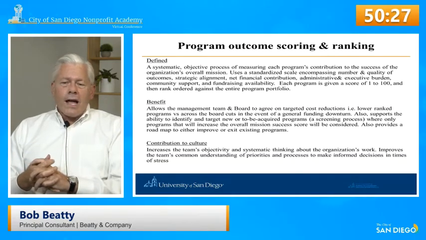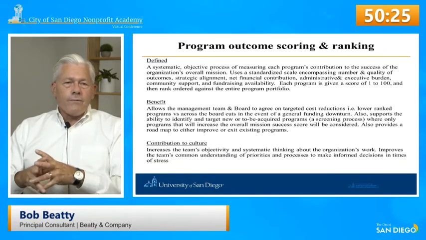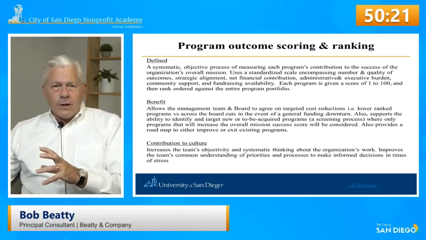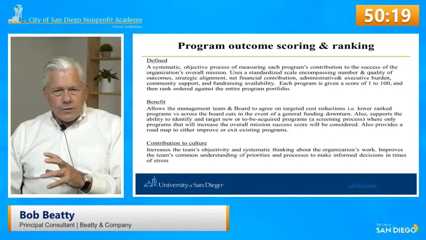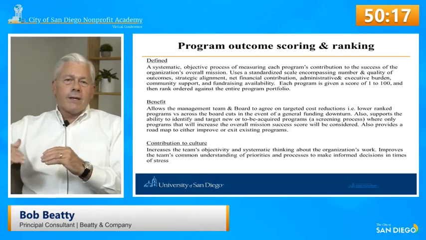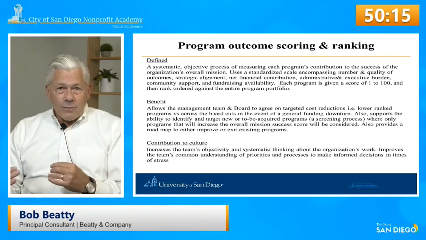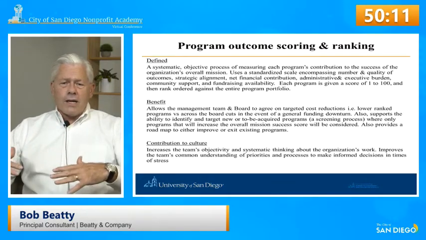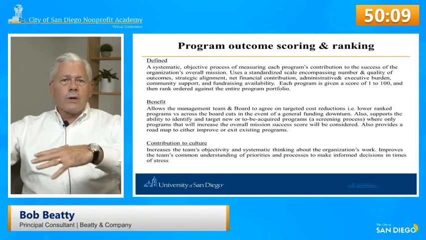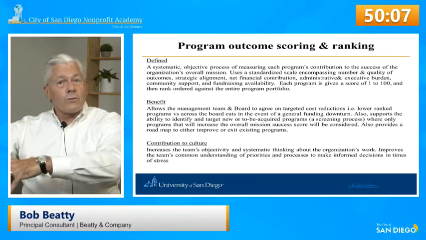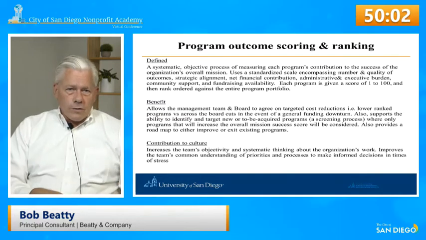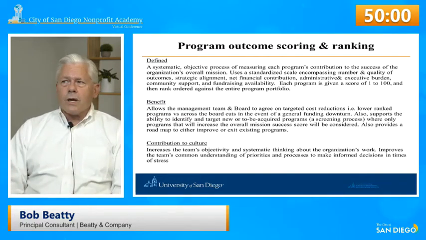So if your average program score is say 50 at this point in time, and you look at a new program that you're thinking about bringing in, you run it through the same analysis, and it needs to be at least a 51, or you don't consider bringing it in because it's going to bring down your average. What you want is to continually add programs that increase your program success ranking, and the first ones that should go are the ones that are reducing your program success ranking.